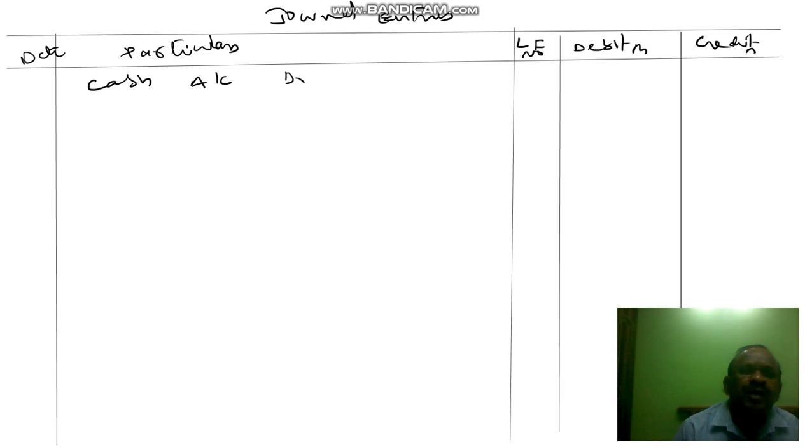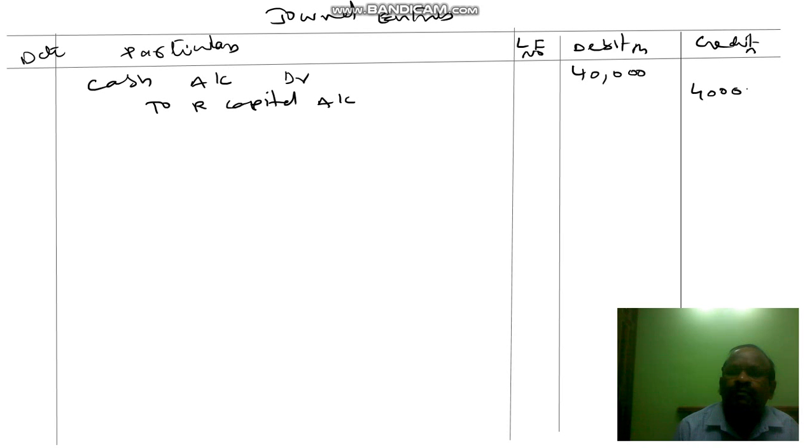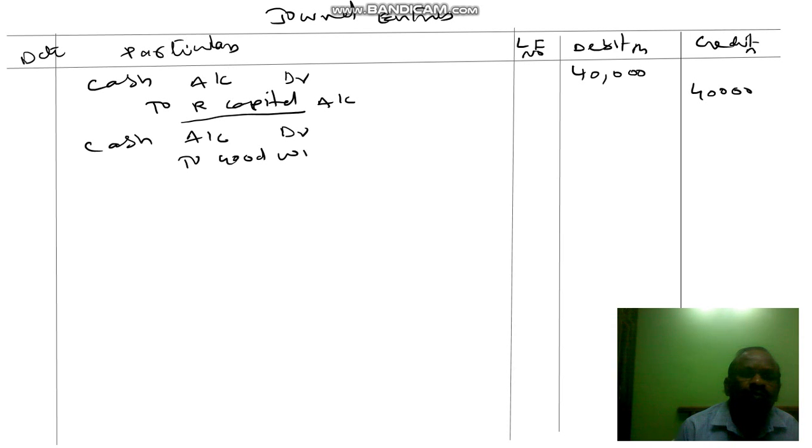That is, cash account debit to R capital account, 40,000. Next, he brings goodwill as cash, that is, cash account debit to goodwill account, 16,000. Now this goodwill is for the old partners.